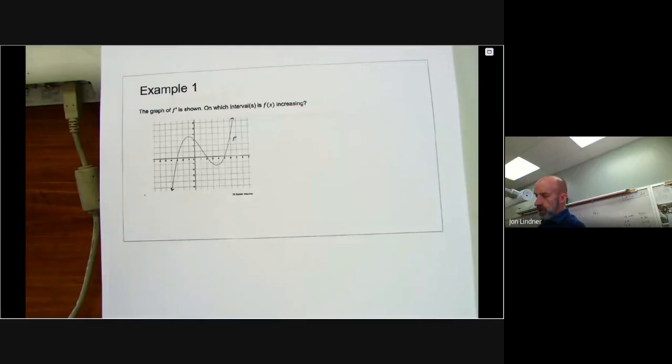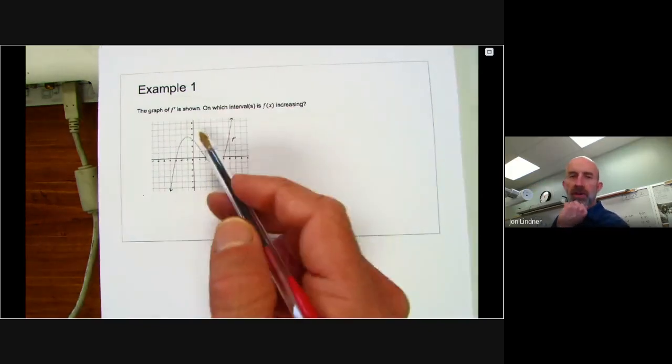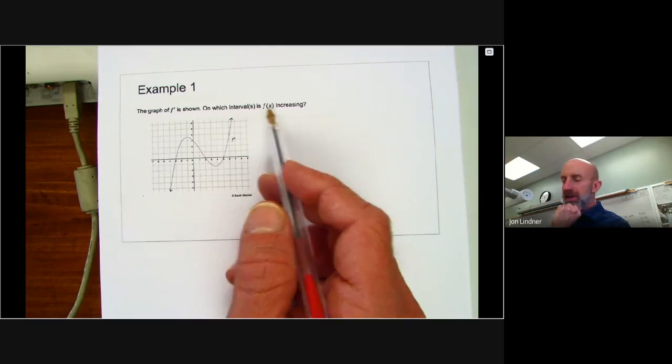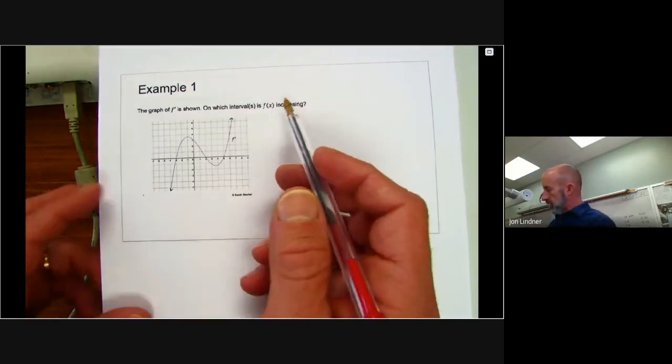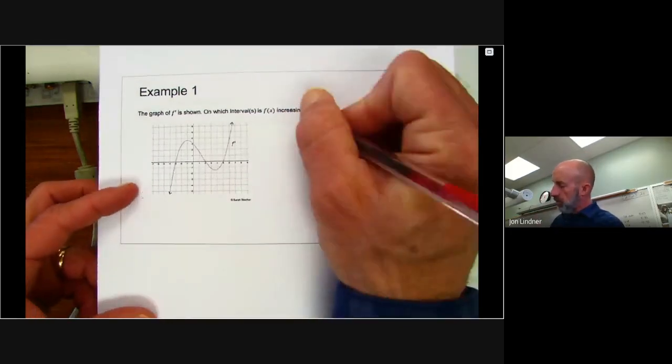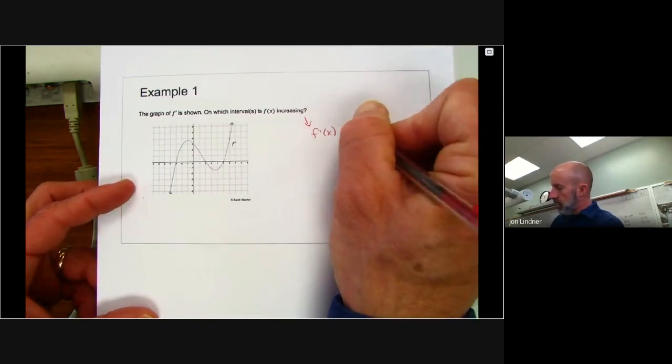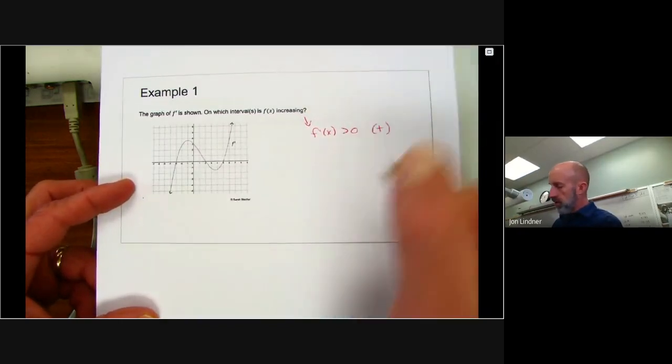Then I gave you some quick other little examples, which are pretty easy, but I want to go over those real quick. So let's look at example 1. The graph of f prime is shown. On which intervals is f of x increasing? Well, if it's increasing, then f prime of x is greater than 0, or positive.